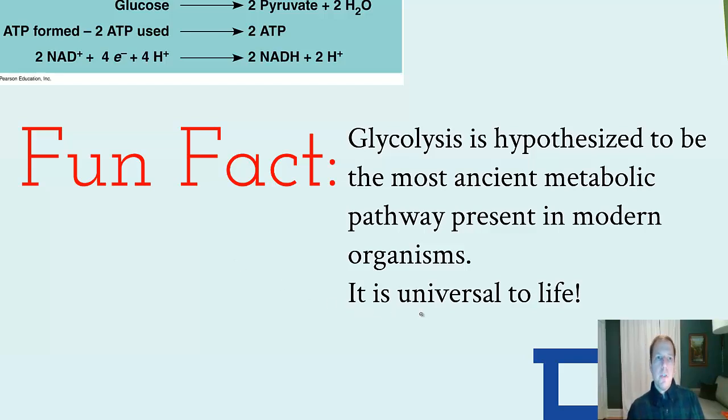Because this is universal to all forms of bacteria, protists, plants, fungus, animals, this is one piece of evidence that shows that life has a single origin, that life didn't evolve independently many different times, because if it did, we might see different types of chemical reactions happening in different things. But because this is a process that happens everywhere in all living things, it is a type of homologous process, and the ancestor of all living things also went through glycolysis.